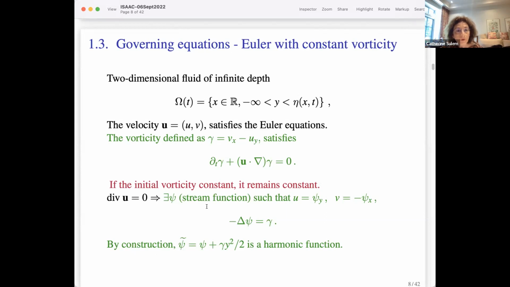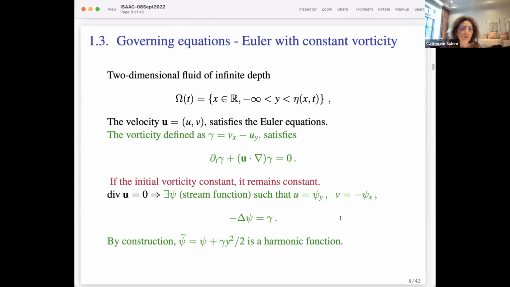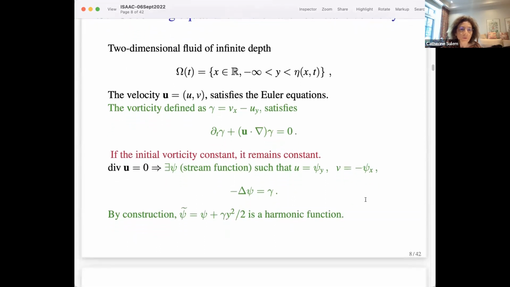Now, we cannot define directly a velocity potential, so we introduce a stream function psi, which is defined by u, the velocity, being the curl of the stream function.